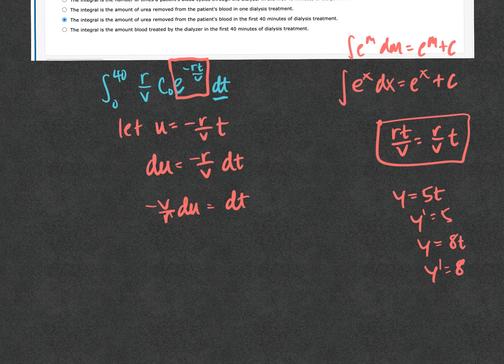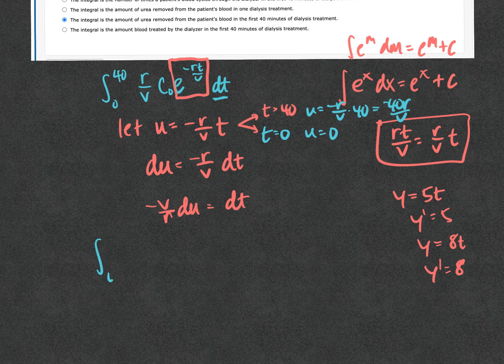And then let's plug this in. Now before we do, our bounds are 0 and 40. So we're going to take the u right here, and we're going to say when t equals 40, u is going to be negative R over V times 40, which is negative 40R over V. And then when t equals 0, anything times 0 is 0, so u stays 0.